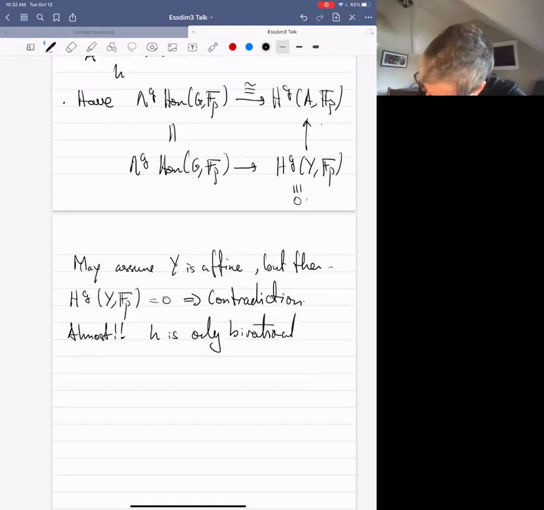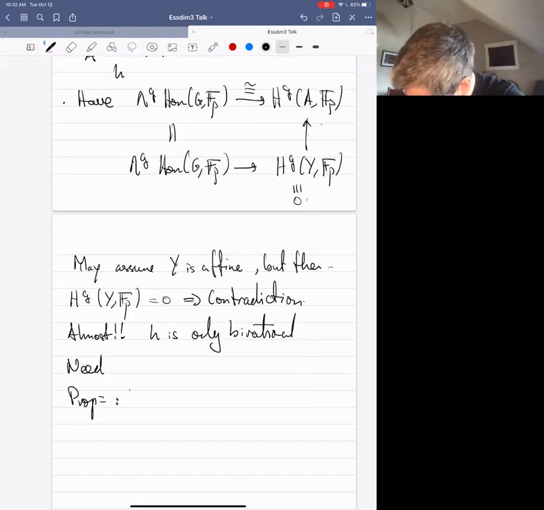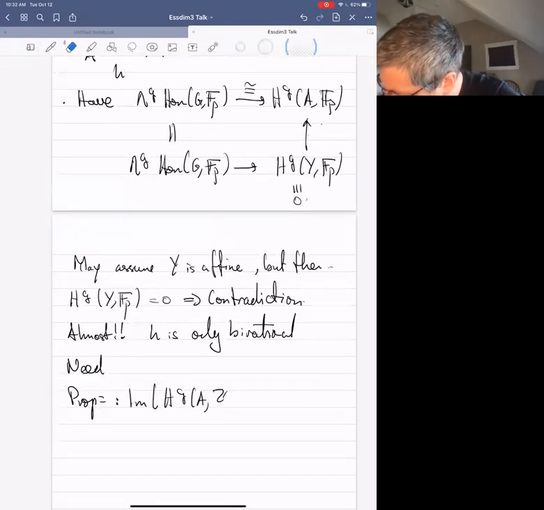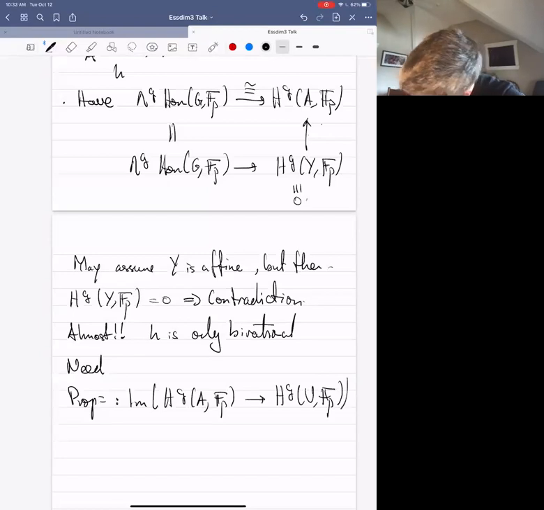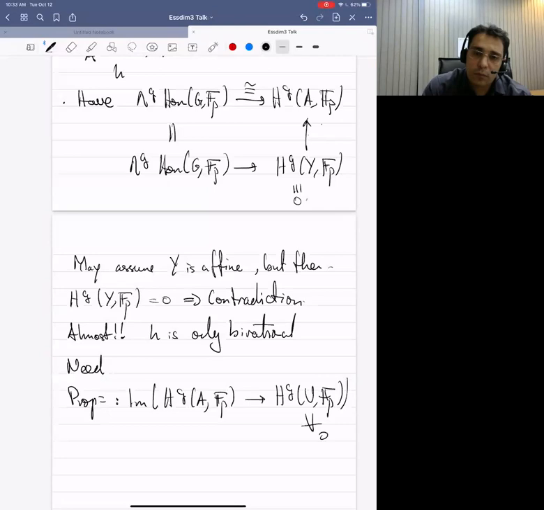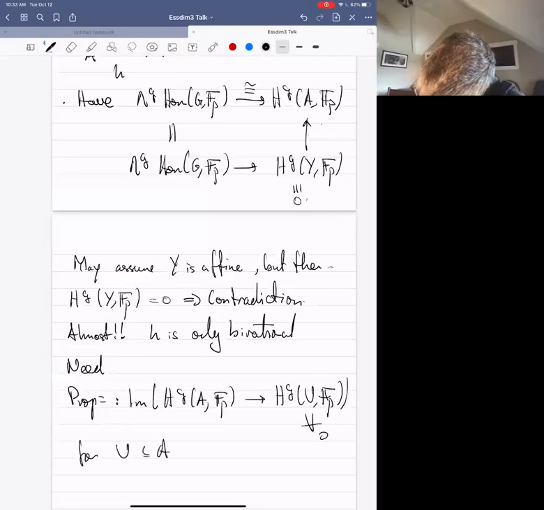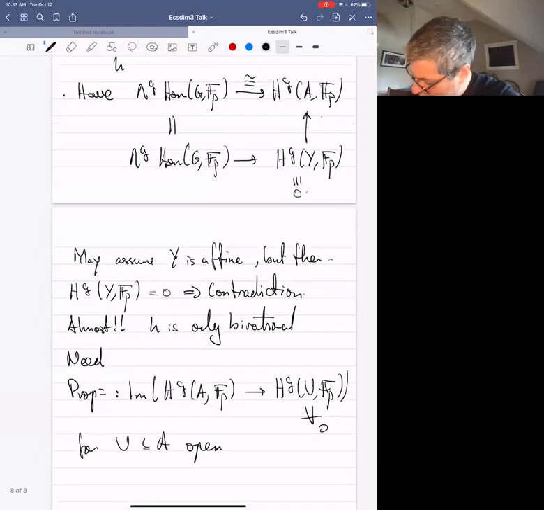So this really would give a contradiction if we have the following proposition: that if I look at the image of HG of A, sorry, I'm switching between Z mod PZ and FP, so let me try to stick just to one. This is non-zero for U in A open. This is again under our conditions on P.